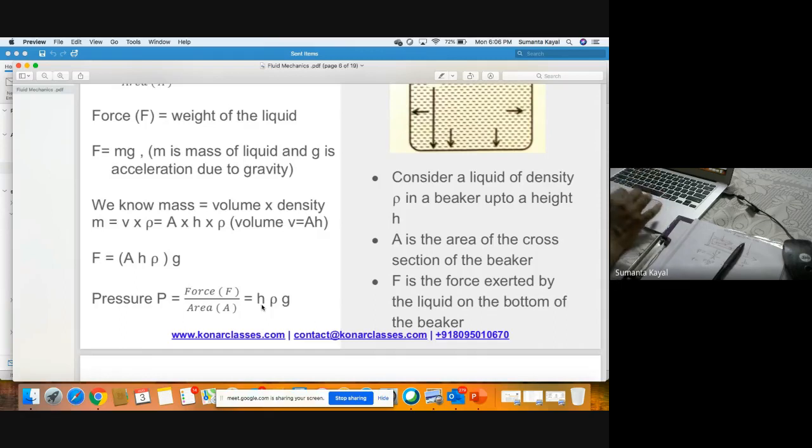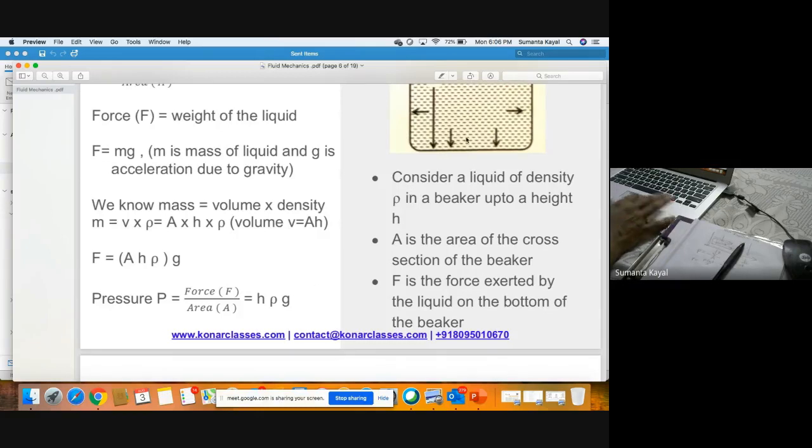It is very simple. The important point I am trying to make here is that we have seen just now in the video, for a solid, pressure depends on area, playing a major role. If I make that area more and more, my pressure is getting less. But what happens in case of liquid? There is no role of area.